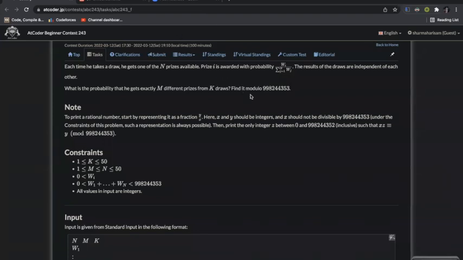Anybody has any ideas? You can either unmute yourself or you can write it in the chat box.